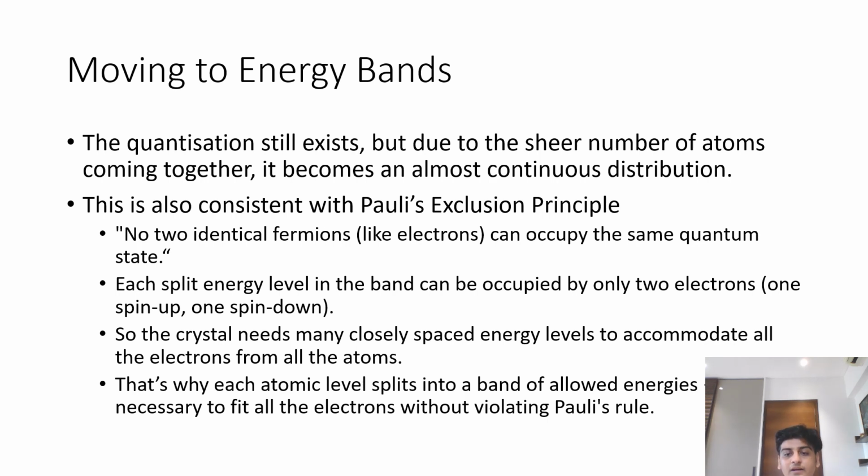That means if I take a few grams of silicon, it will have energy bands corresponding to all the allowed energy states of all the electrons in this silicon, because the way we constructed it is by bringing so many individual atoms together. So this is a bulk property of the material as a whole, whereas an energy level is a property of a single atom. That's one last thing I wanted to remark on.